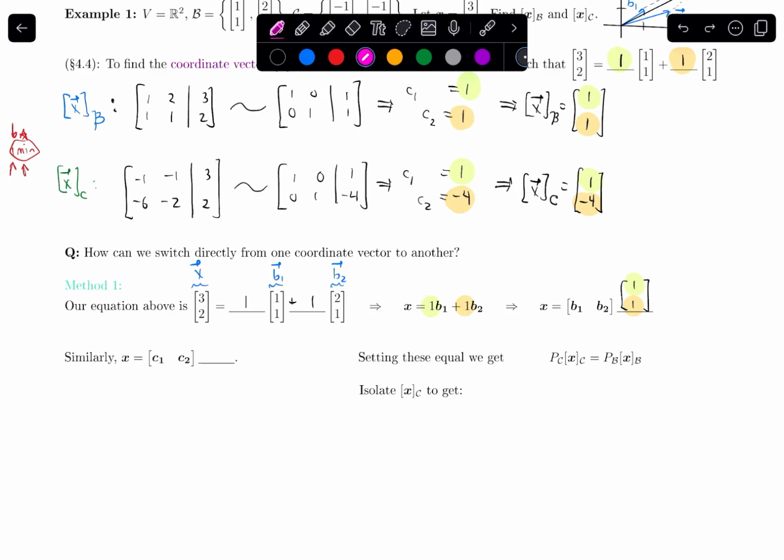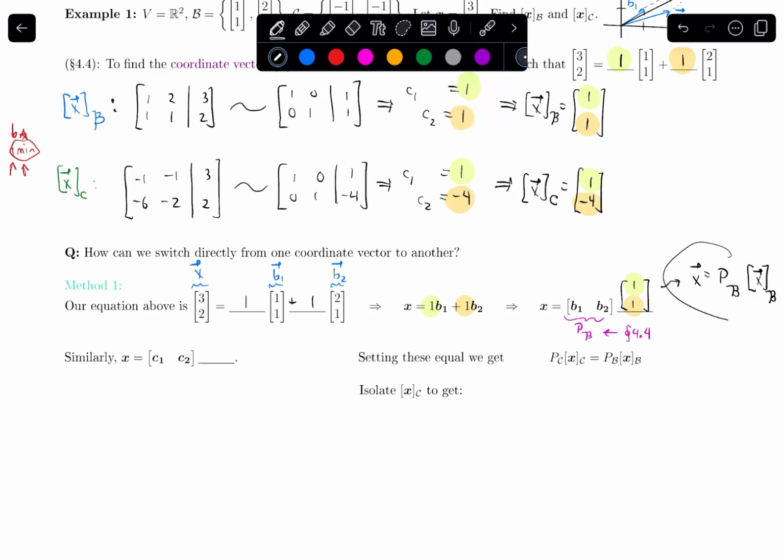And this matrix that has these basis vectors as the columns, back in section 4.4, we call this P_B. So using that notation, what we have here is that x equals this matrix P_B times this vector 1, 1. Well, that was the coordinate vector of x in terms of the basis B.